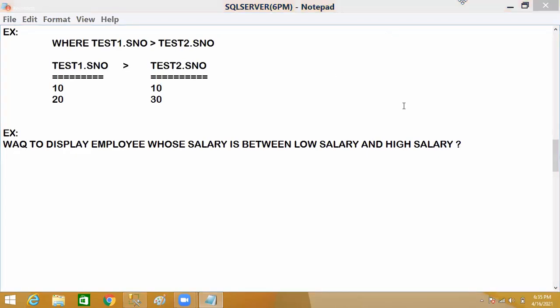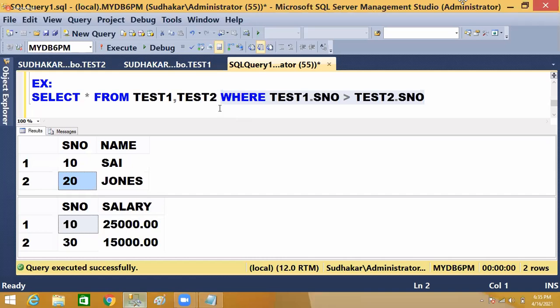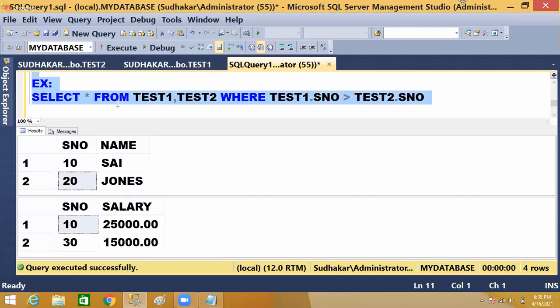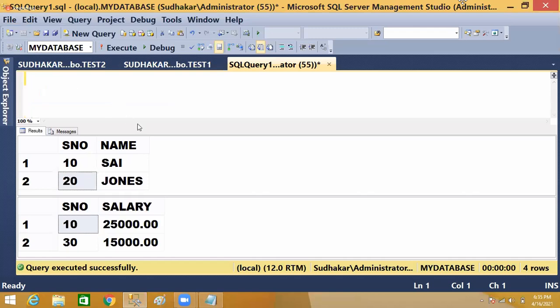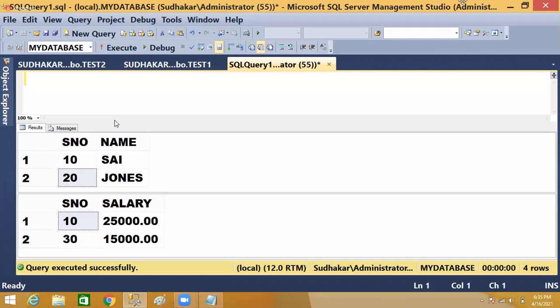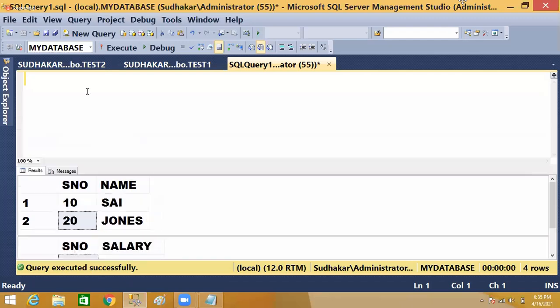Now let's see how to write this non-equi join query. Before writing that query, first of all I need to call the two tables.